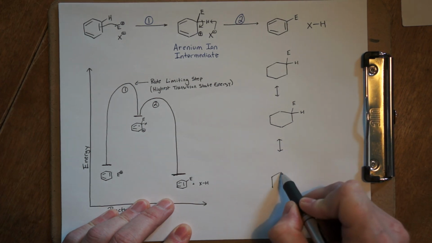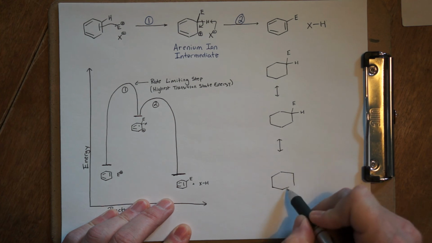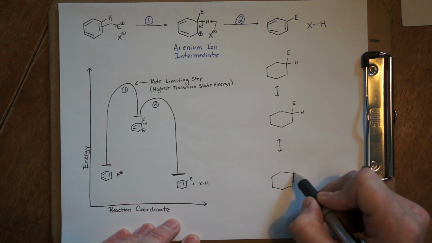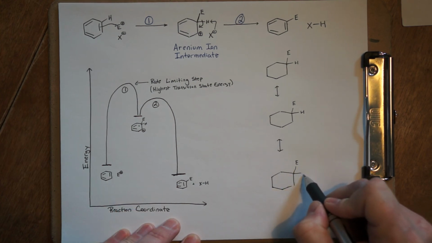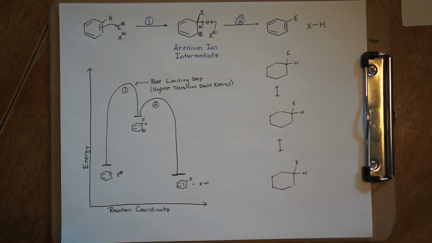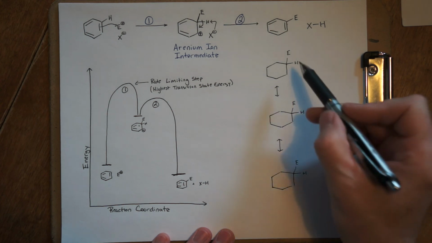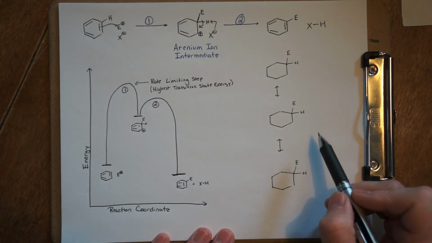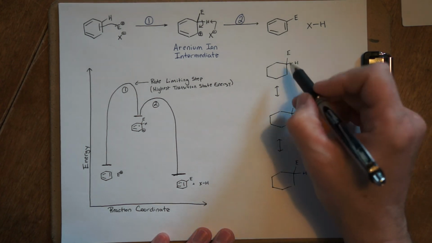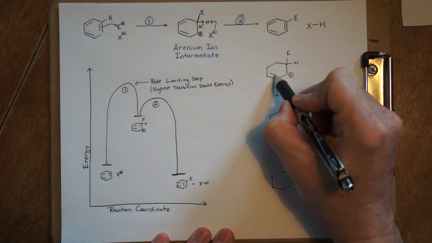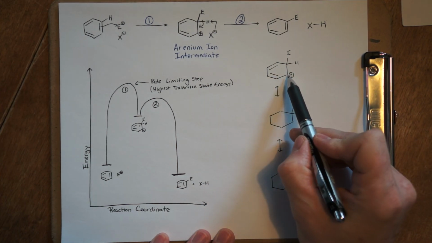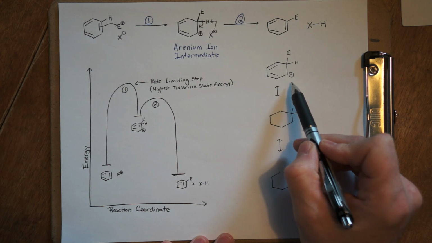So if you took the time to pause the video and draw out the resonance structures, hopefully you're seeing that that positive charge is ending up in only three specific positions around the ring relative to where the substitution is occurring, or relative to where that electrophile is, right? So you could see here it's in a position alpha to the electrophile.